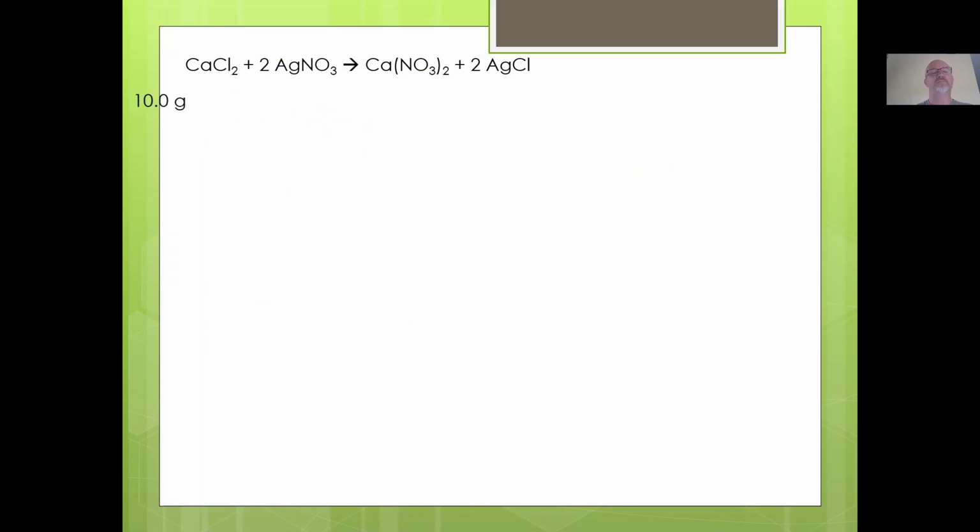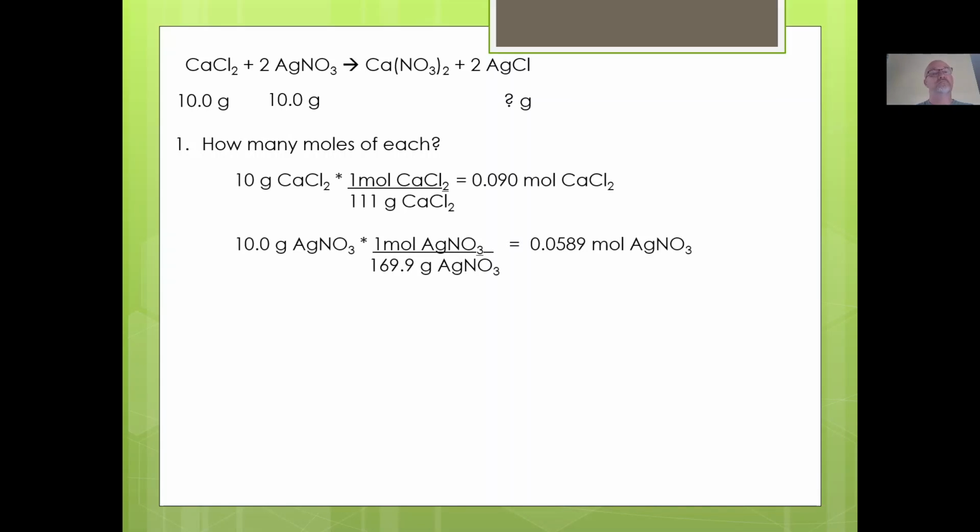There's the equation. And I'm starting with 10 grams each. And I want to know how much silver chloride I'm going to get out of this combination. So how many moles of each? Do the process. 10 grams. Divide by molar mass. And I get 0.09 moles of calcium chloride. Divide by the molar mass of silver nitrate. I have 0.0589 moles of silver nitrate.